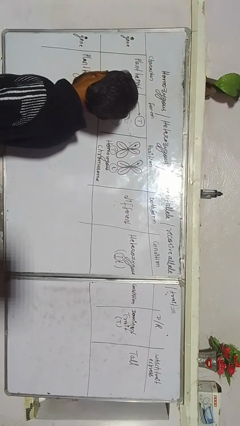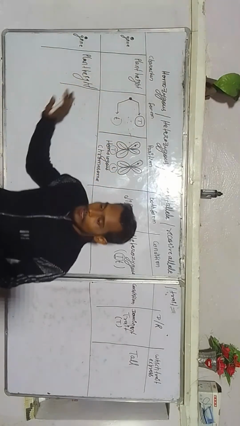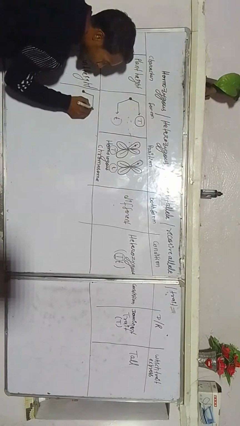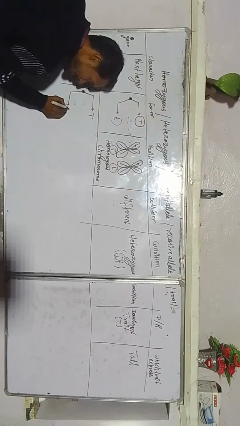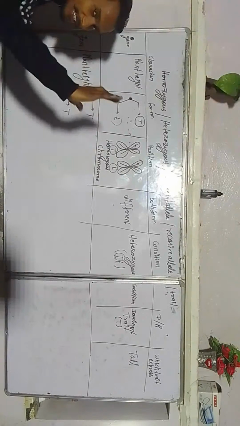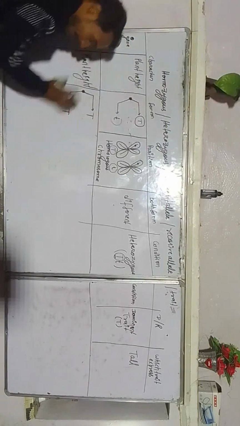And it has two alleles, but both are the same: capital T and capital T. In this situation, we take the same allele. Capital T is capital T.